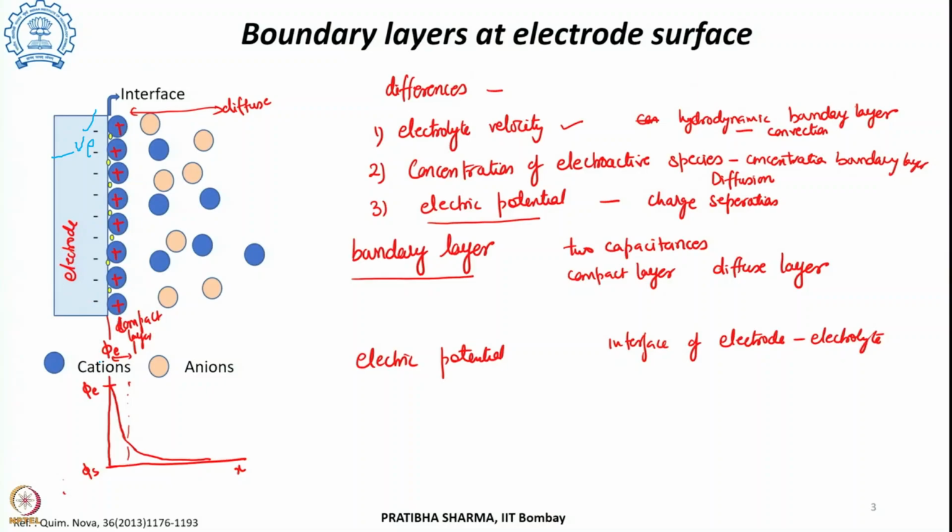The electrode surface voltage is phi E, and the solution voltage is phi S. How is the variation happening? From phi E up to the compact layer, it is a linear variation, then an exponential variation. You have to remember these things.